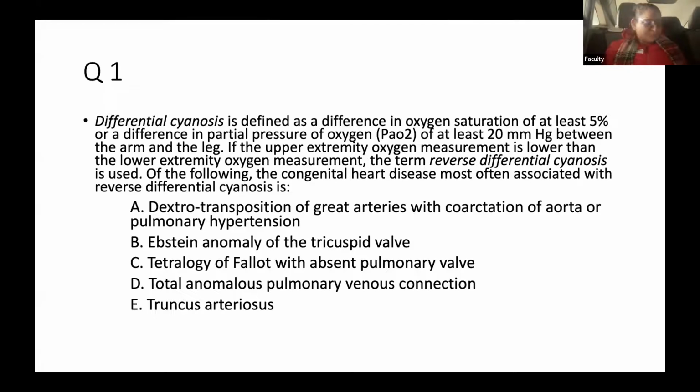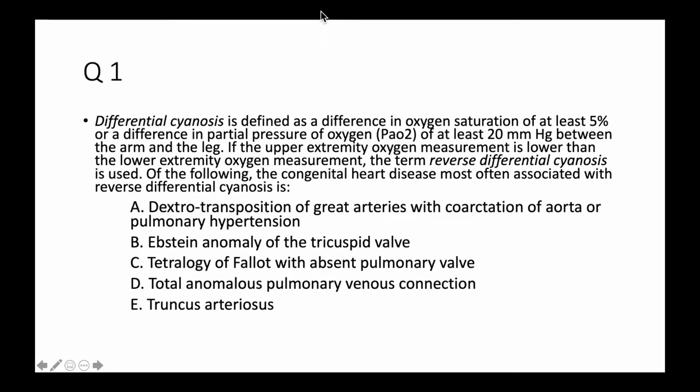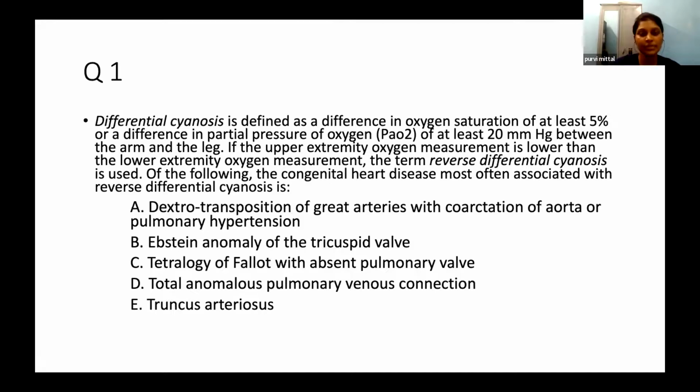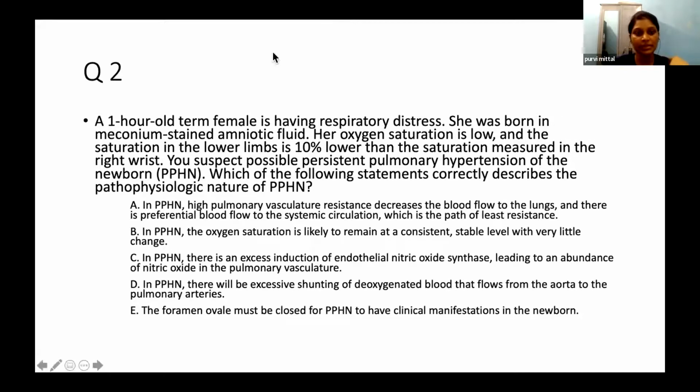Ma'am, pulmonary hypertension is associated with differential cyanosis, but due to the transposition, the pulmonary arterial circulation and the descending aorta's circulation, which is normally going to the lower limbs, is going to the upper limb. It is the opposite of the normal circulation. That's why the upper limb saturation is lower than the lower limb.